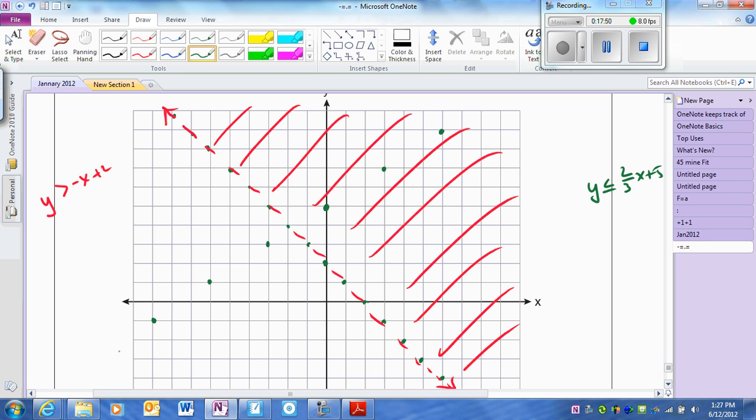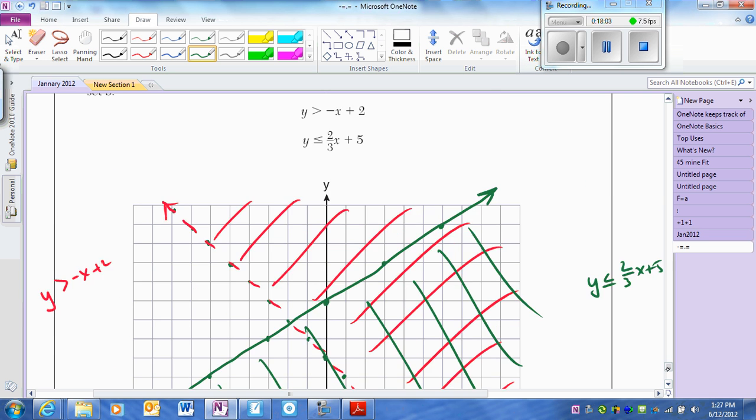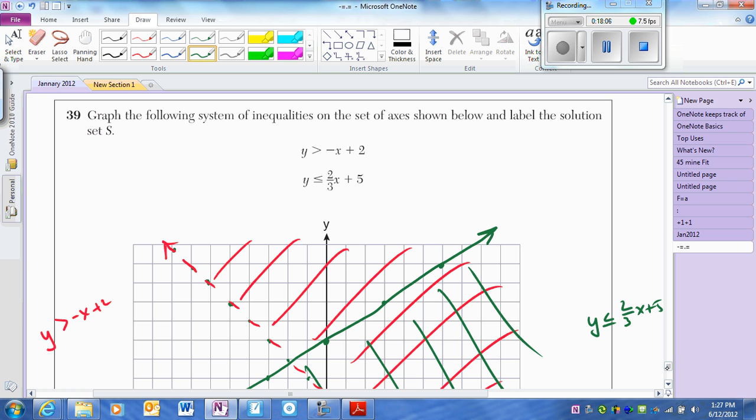This one has a solid line. And it's less than, so we shade down. And is that it? And that's it, kids. 18 minutes done.